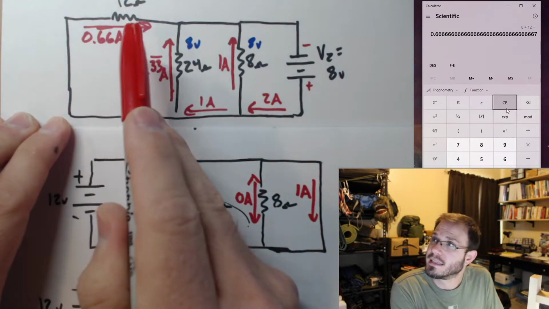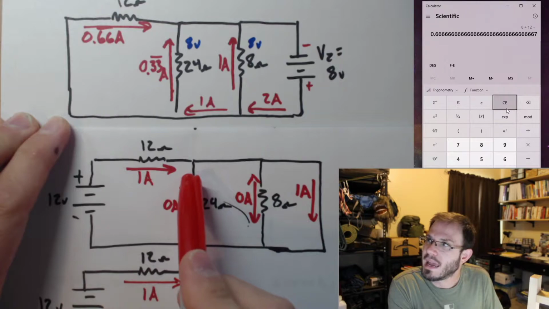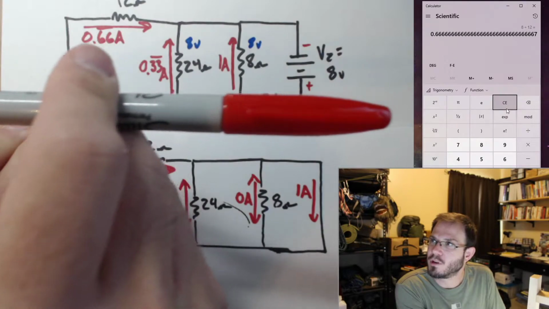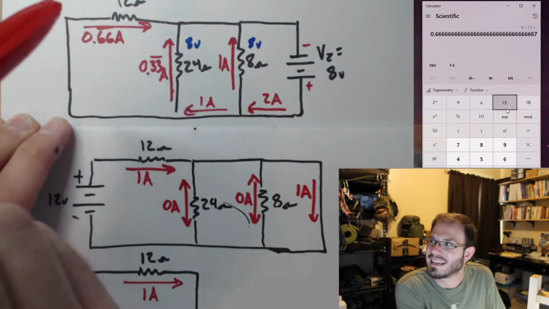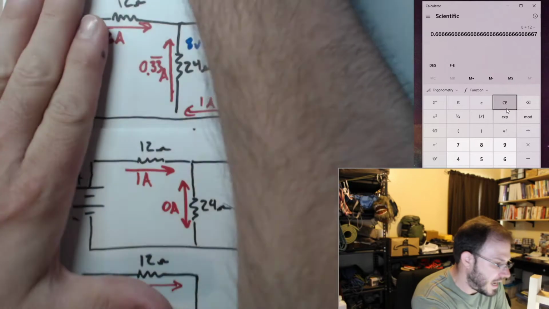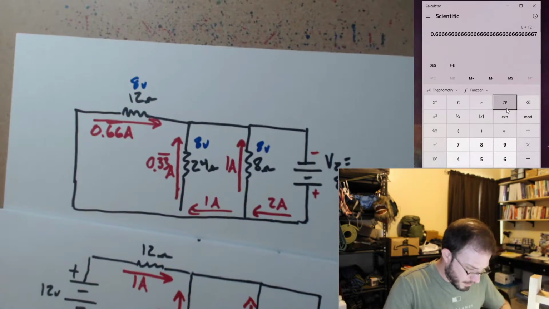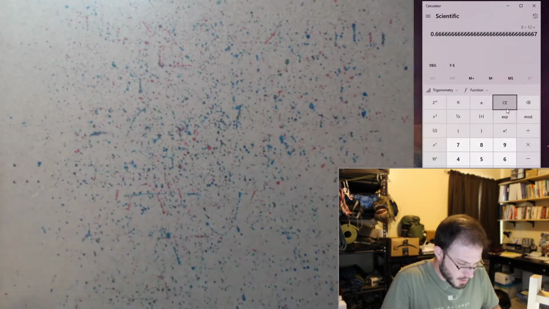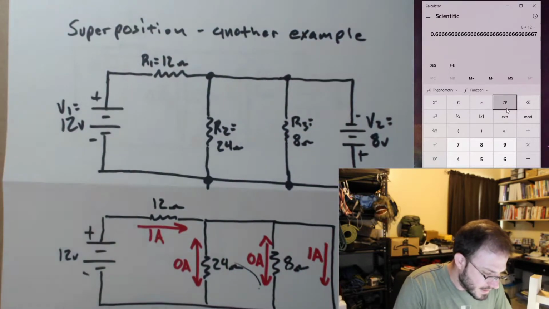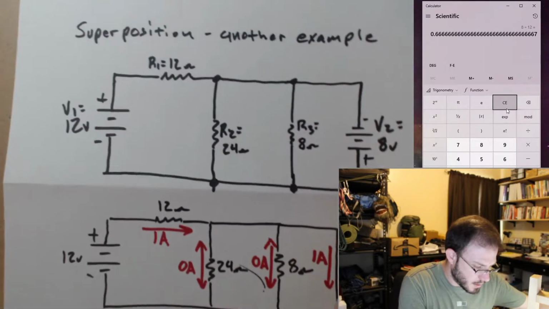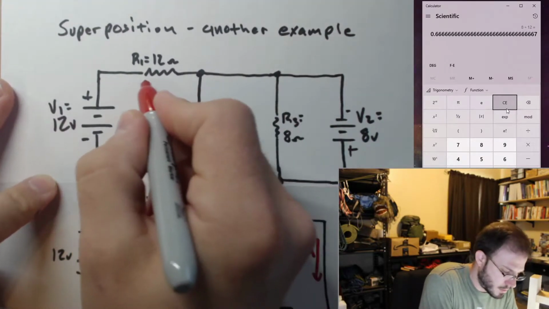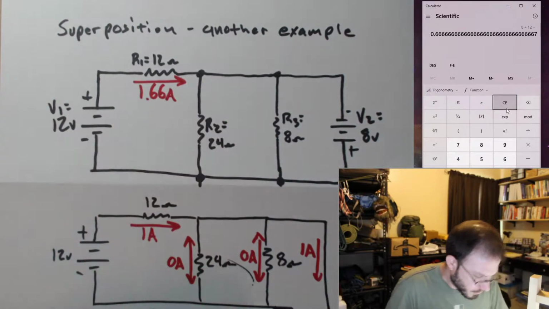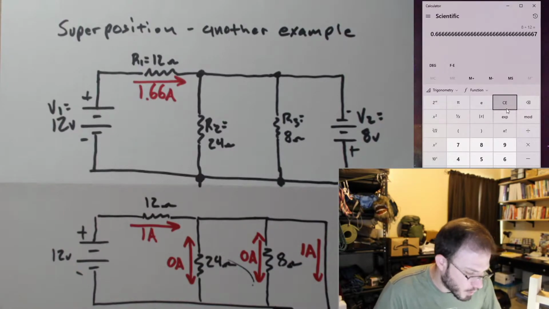Since we have 0.66 going to the right and 1 amp going to the right, we should have an algebraic sum. They're both going in the same direction. 1.66 amps. Okay, that's what we should get for R1.